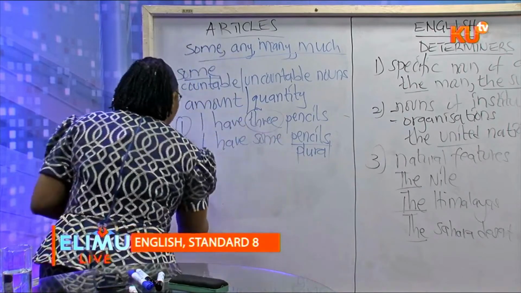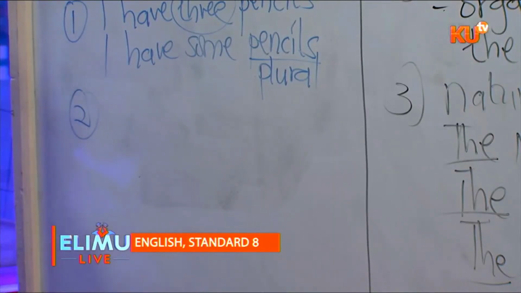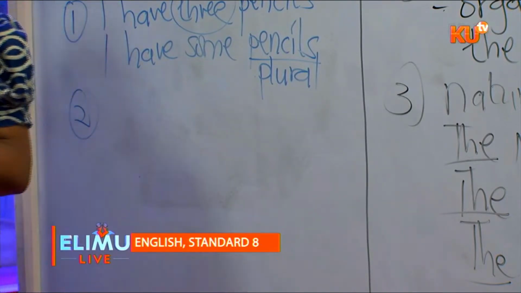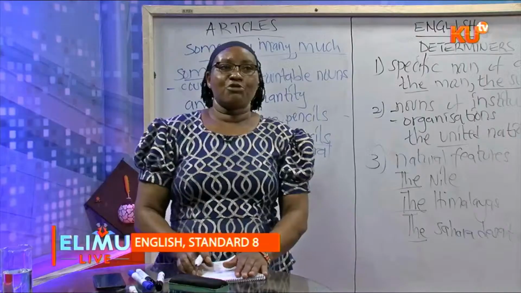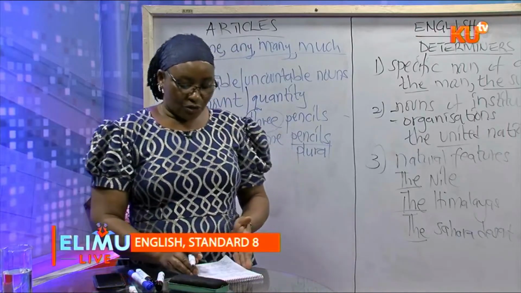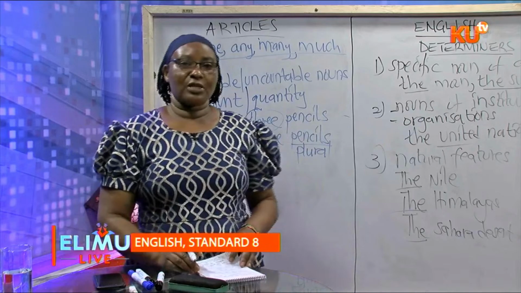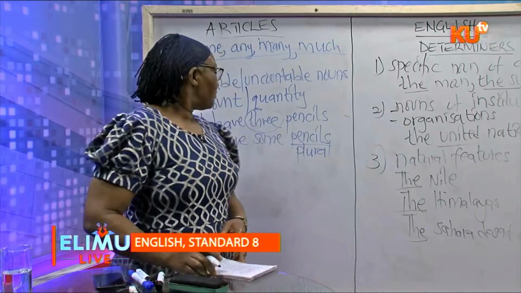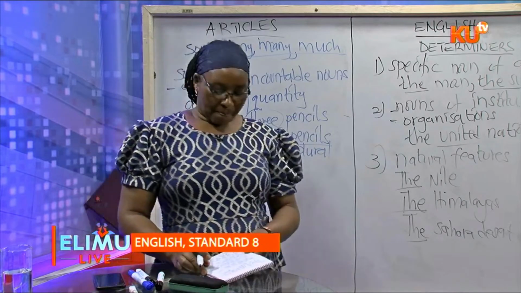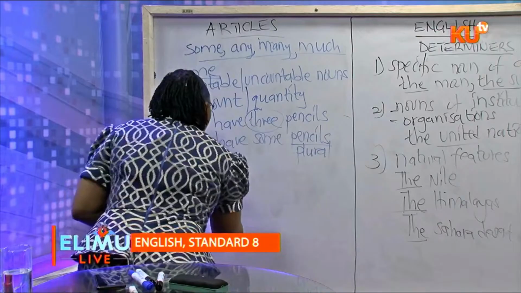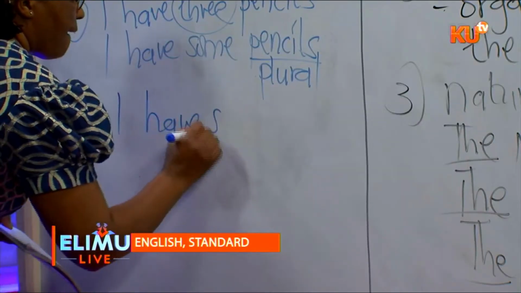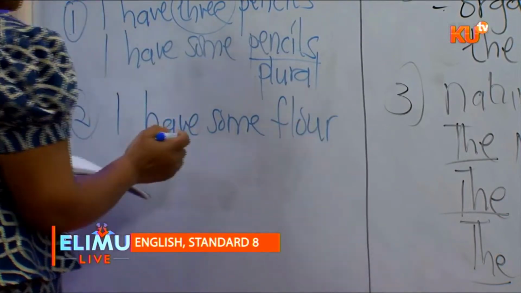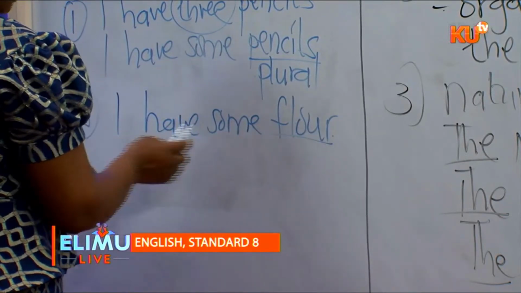Then we move to uncountable nouns, the use of the word some with uncountable nouns. We have items that we can't count, like liquids. We don't count water, we don't count tea, we don't count milk. So we say I have some milk in the glass. I have some flour. You find that you can't count the flour, so that's why you are using some.